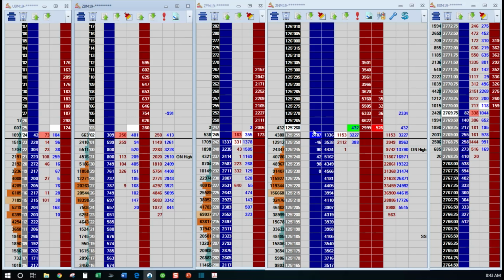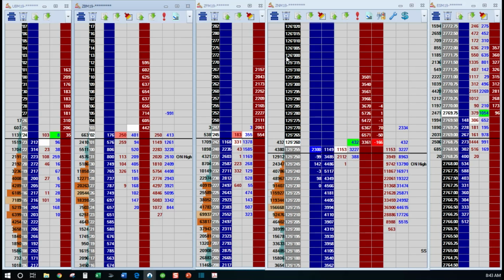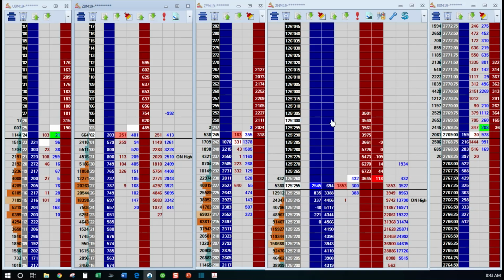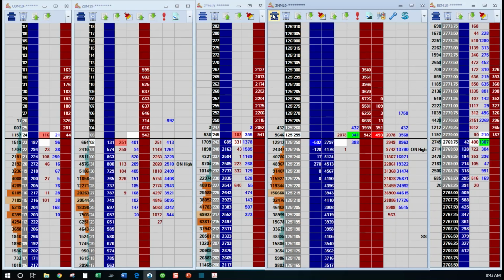Would not be surprised if we close at 126 or even 126 and a half by the end of today or tomorrow. Just has to do with options or open interest on options and whatnot. Because this is expiration, keep that in mind.